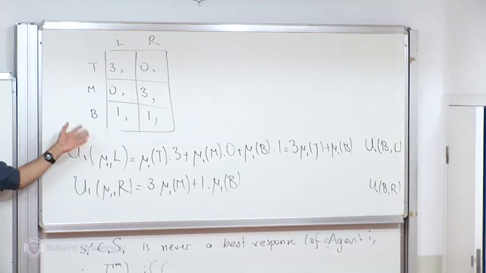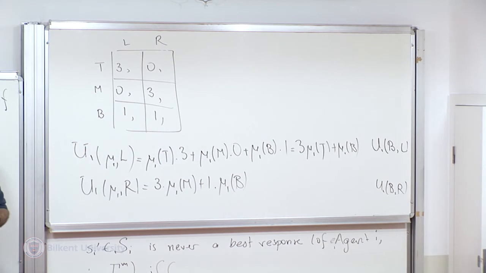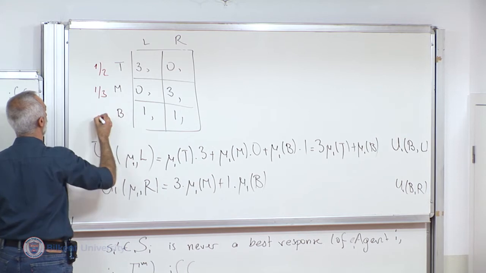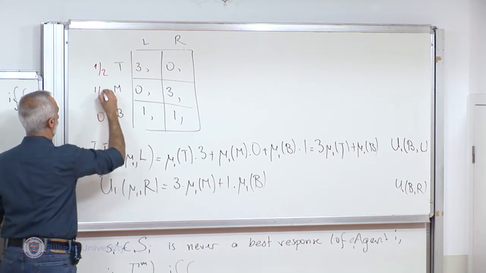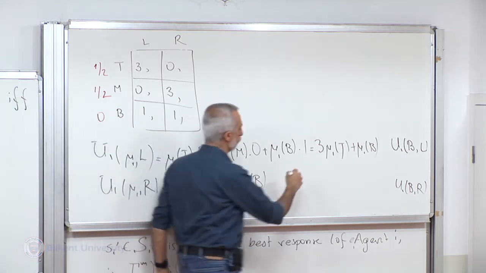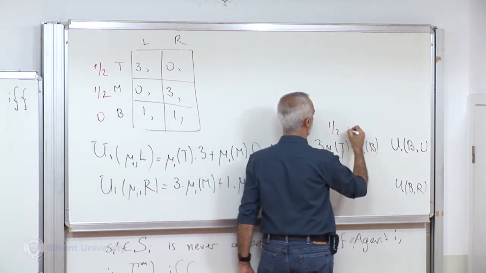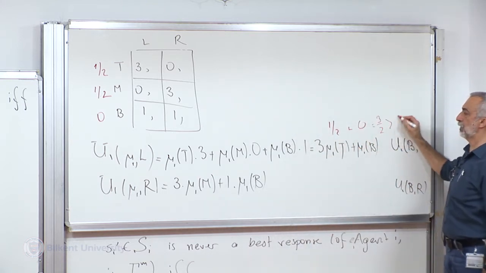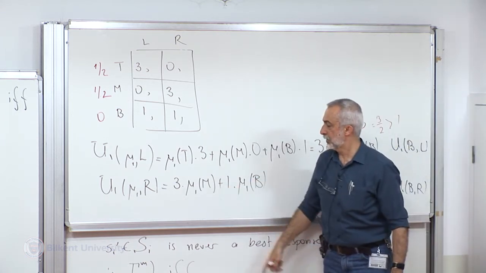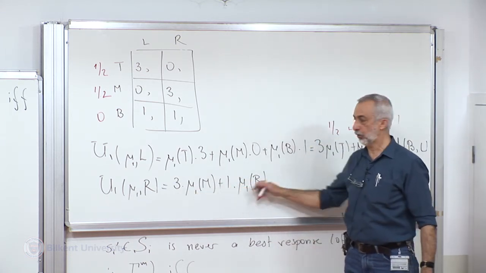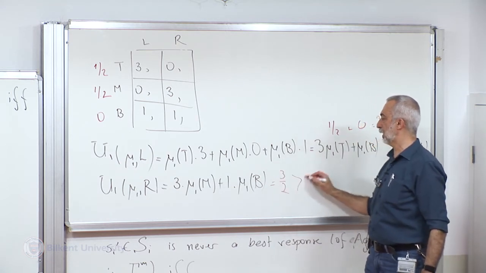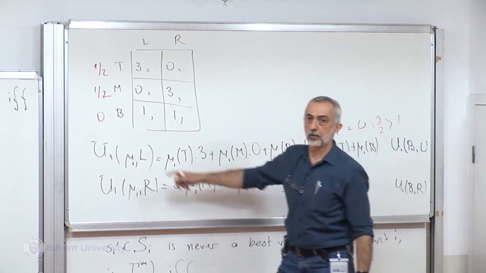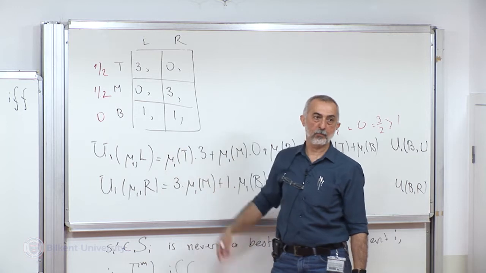Okay? So can you give me such a mixed strategy? For example, play T with probability 1 over 2, M with probability 1 over 2, B with probability 0. So that's 3 times 1 over 2 plus 0. That's 3 over 2. That's bigger than 1. And again, that's 3 times 1 over 2 plus 0. That's 3 over 2. Again, that's bigger than 1, which is equal to U1 of BR. So we know that B is never a best response.